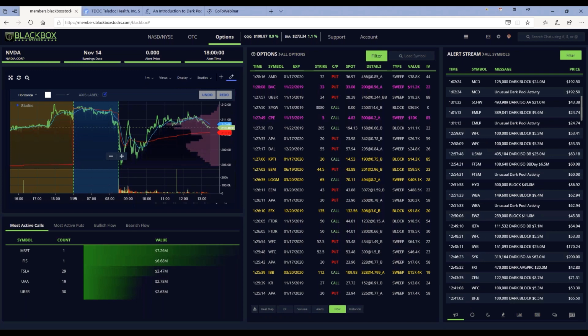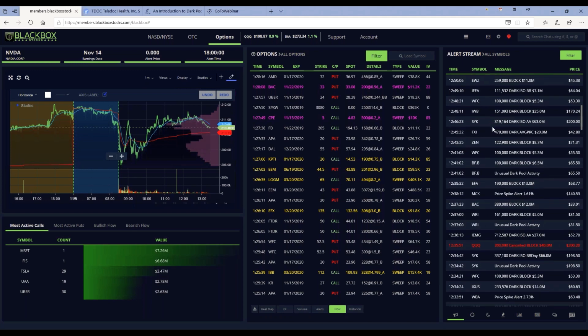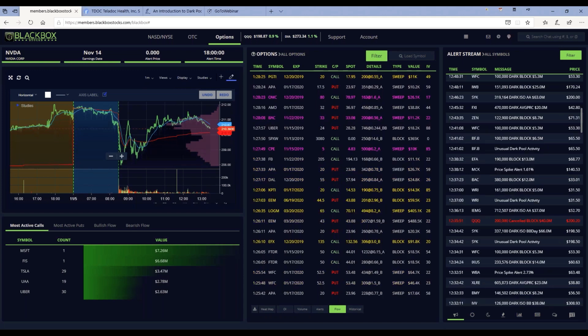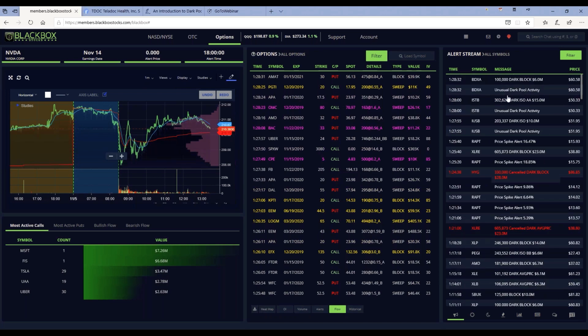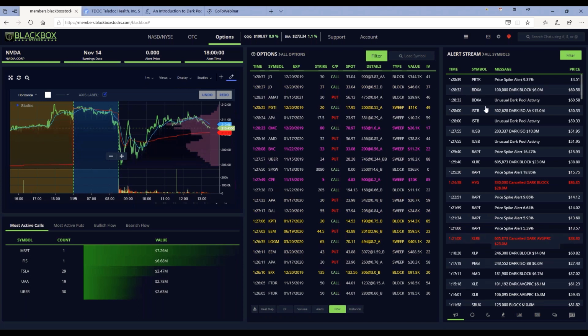We want and need volume to come in to our trades. We need to see that there's some activity that comes through, and I like to know what is happening with the dark pool and where the big money is setting up, either in the options market or the dark pool.